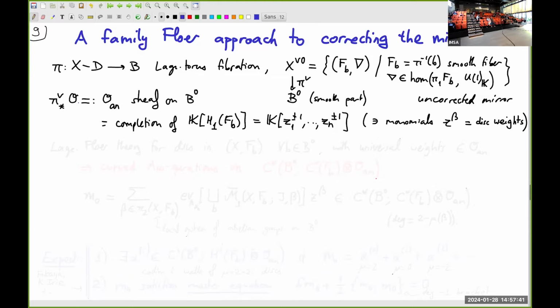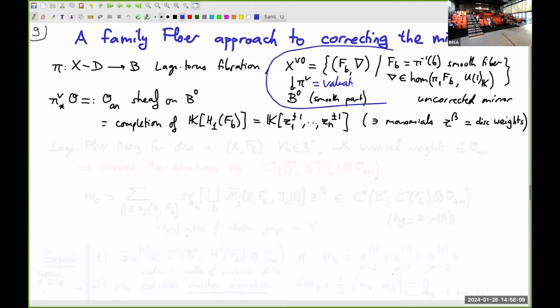Now I should imagine instead that these weights, Z^beta, the weights of holomorphic disks, are going to want to be sections of a sheaf of analytic functions on the mirror. So I can look at the sheaf of functions on this uncorrected mirror and push it forward by the dual projection, pi check.